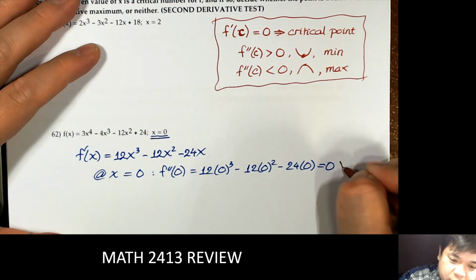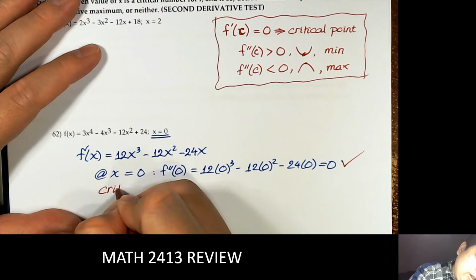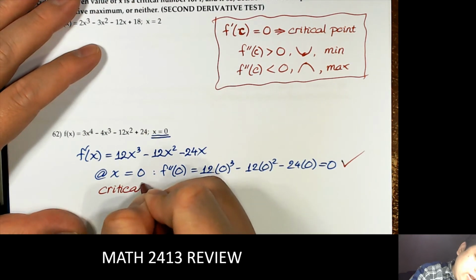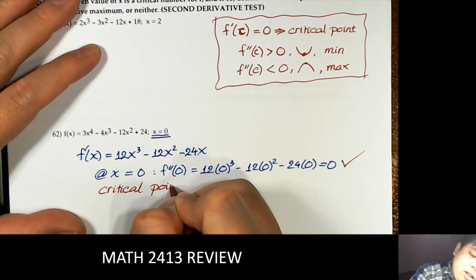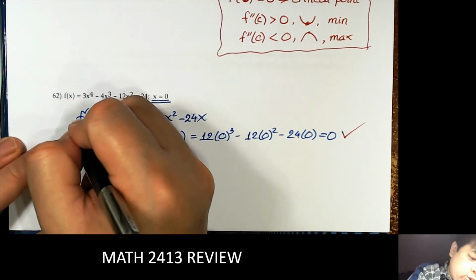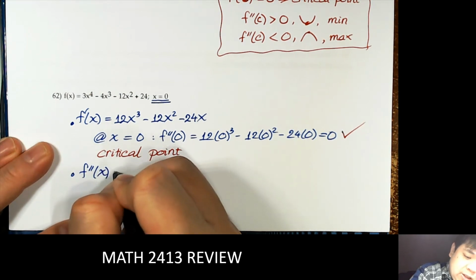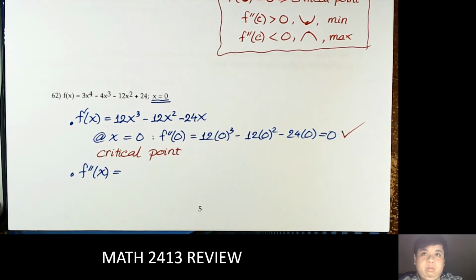If it is equal to 0, then we say it is a critical point. If it is not equal to 0, then we stop there because it's not a critical point. Only when we know it is a critical point can we go further to the second derivative.